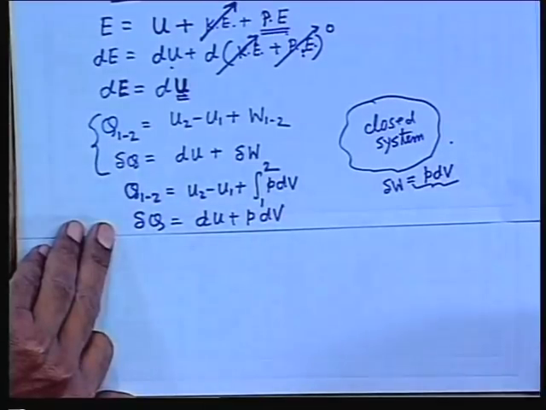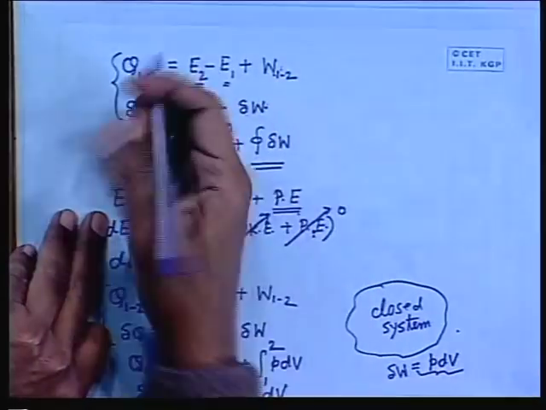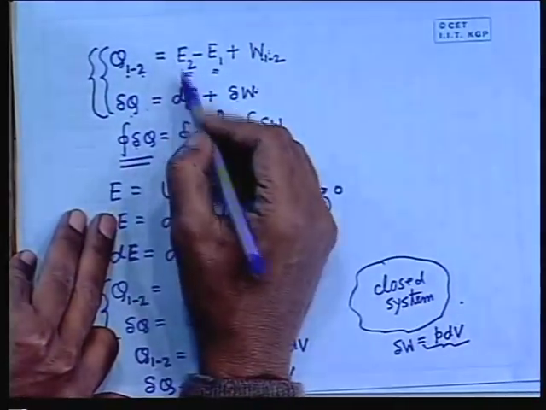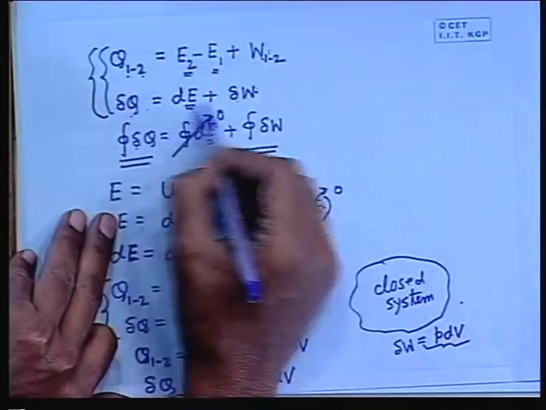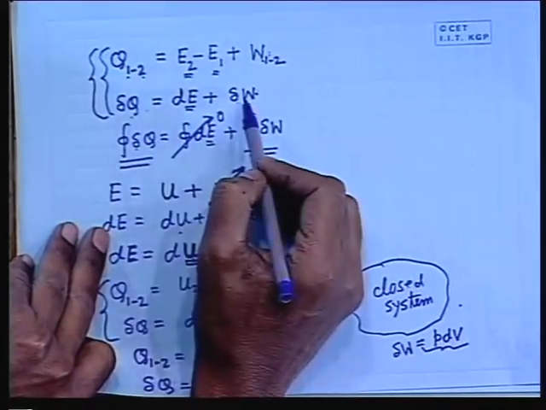Now we see that there are three different forms. Now this is valid, there is no restriction imposed. Even the restriction of closed and open systems is not imposed here. This is a general statement of the first law. Usually we use this equation for a closed system.